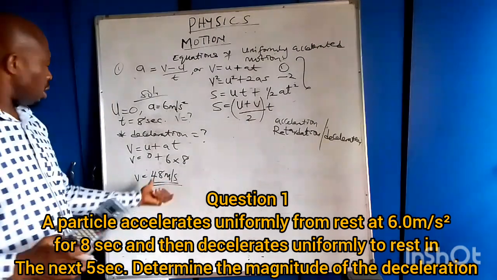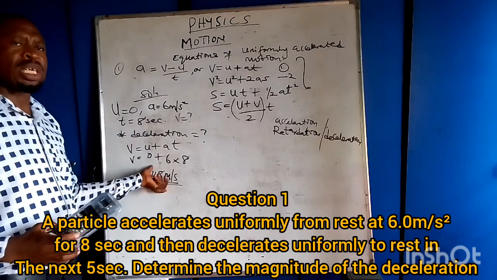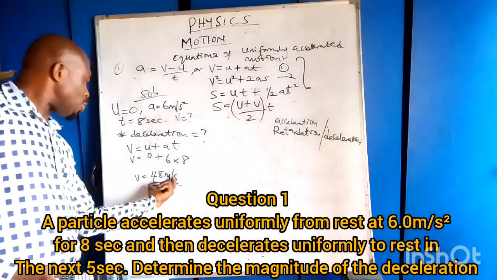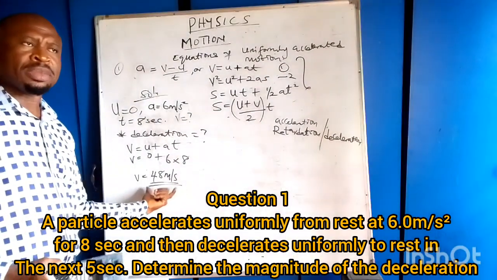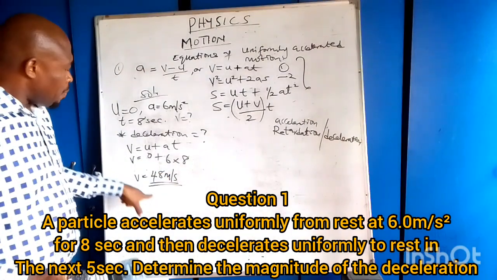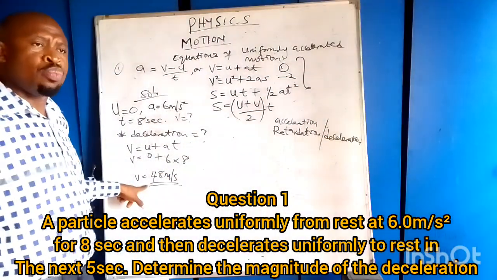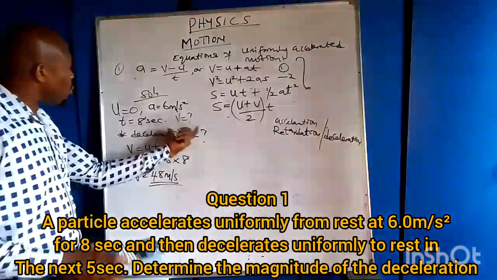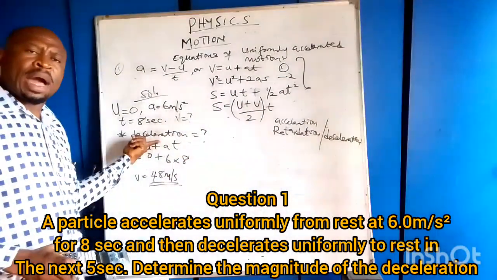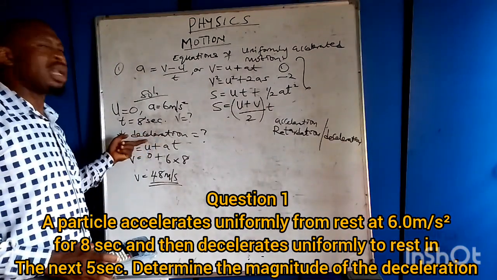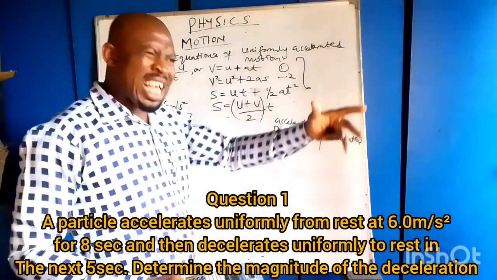This is the velocity from which it started decelerating. At this point, we can now calculate our deceleration. This V now becomes our initial velocity, since the body has not stopped yet.